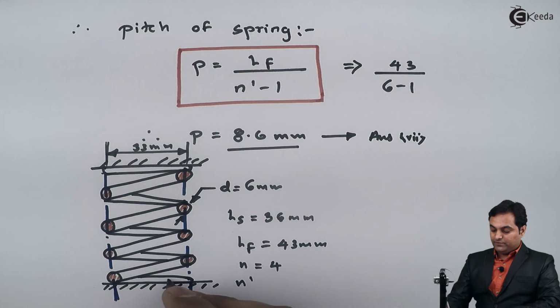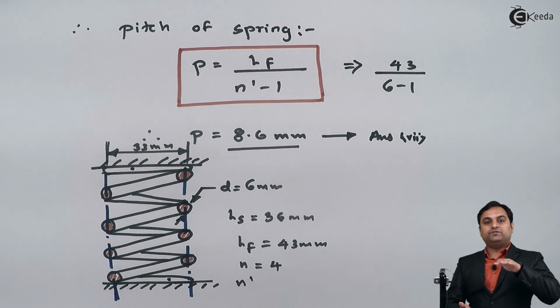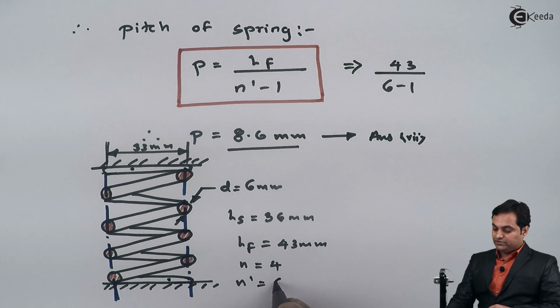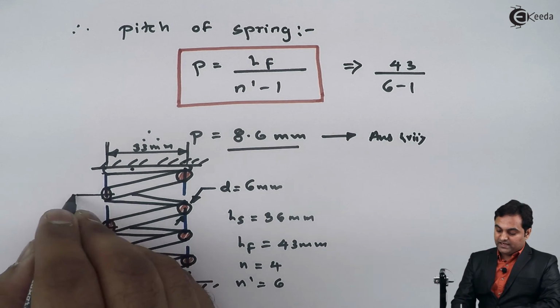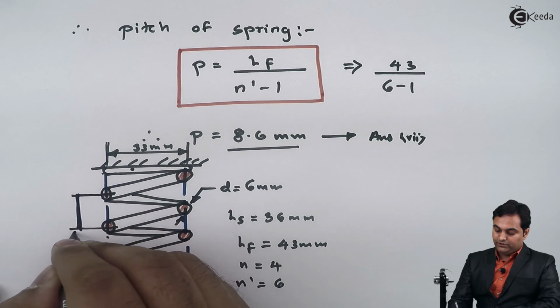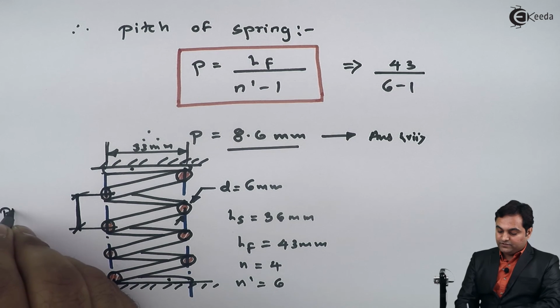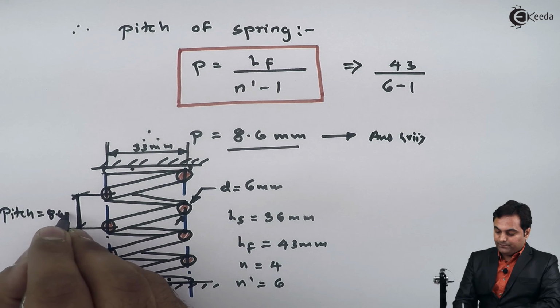Total number of coils, because 1 and 2, these coils are used to support the spring, they do not take part in the actual compression, so this was 6. And finally we have calculated pitch. Pitch is the axial distance from a point on a spring to the same point on the next turn of the spring, and this pitch value we have got as 8.6 mm.